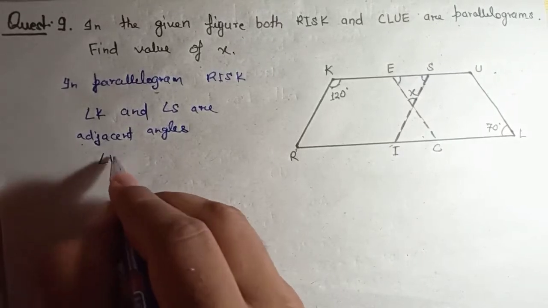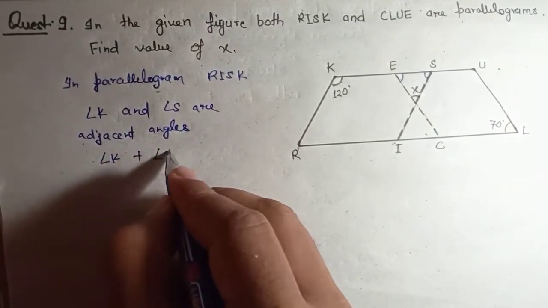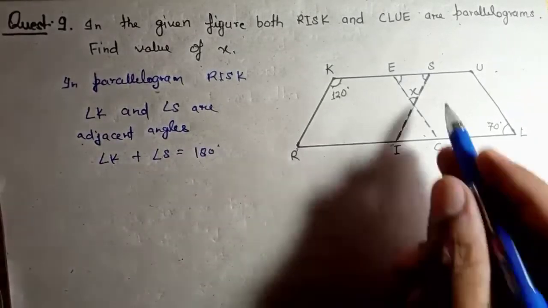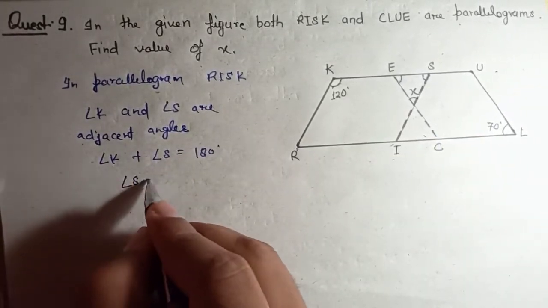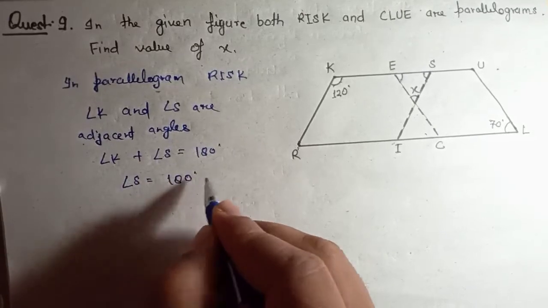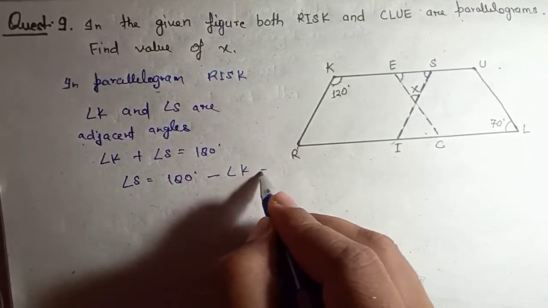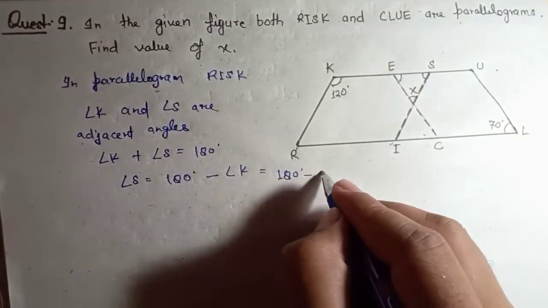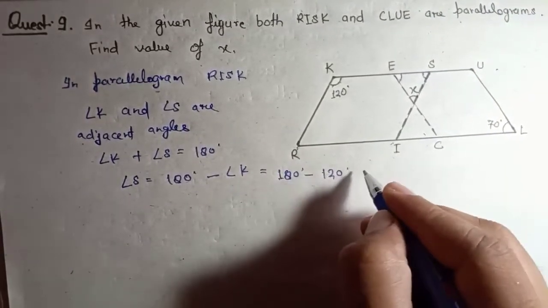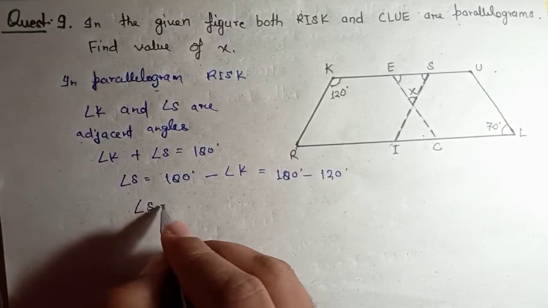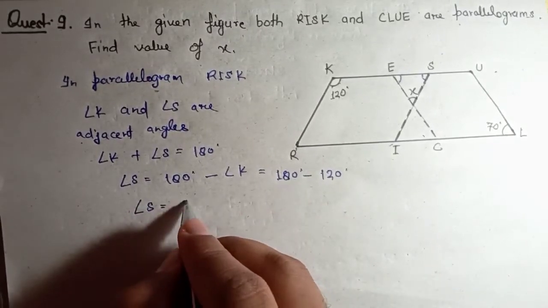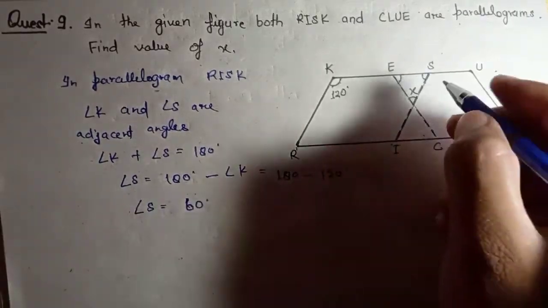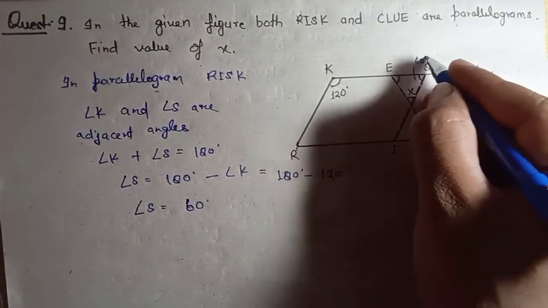Therefore angle K plus angle S gives the sum of 180 degree. Now find the value of angle S, which is equal to 180 degree minus angle K, which is equal to 180 degree minus 120 degree, and that gives the value of 60 degree, value of S. So this is 60 degree.